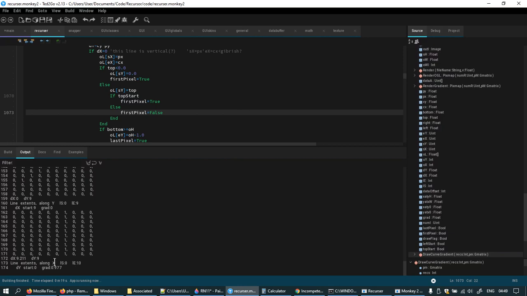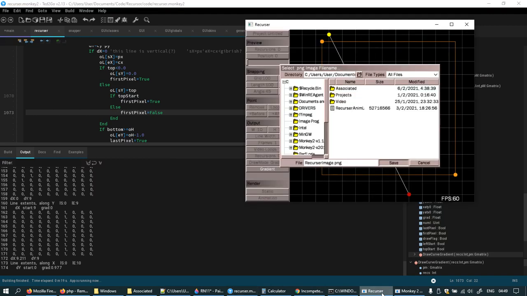Along X, right, you must be joking. 0 to 10, well, I'm not that surprised, because this is not an along X situation. Okay, now this is an at an angle to intersection situation.